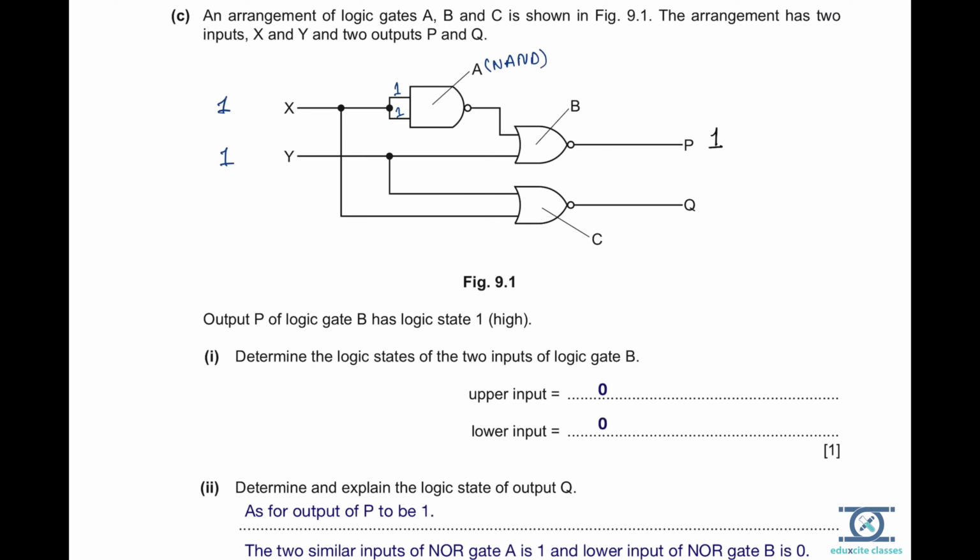So the other AND gate will give me 0. So there I get 0, and if this is 1, I get 1 here, and this is a NOR gate. So 0 and 1 gives me 1 in the case of the OR gate. So in the case of the NOR gate, I will get 0. So this is not possible because we are supposed to get an output of 1. So this will not work.